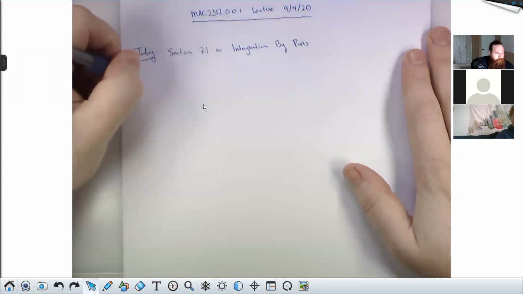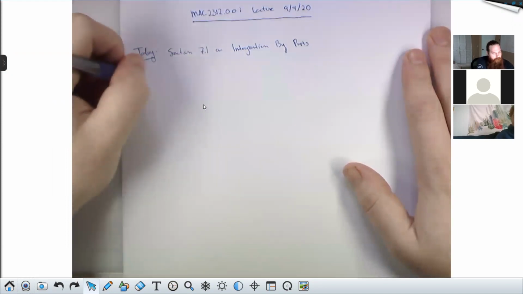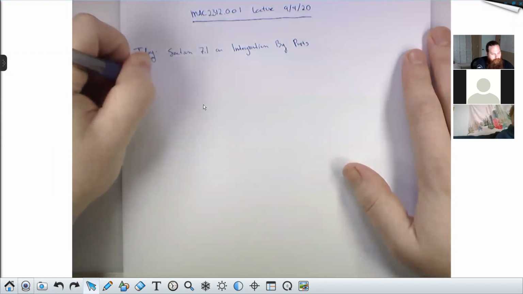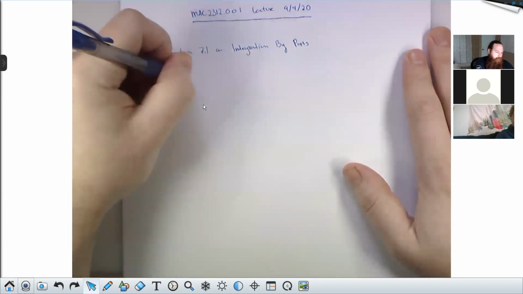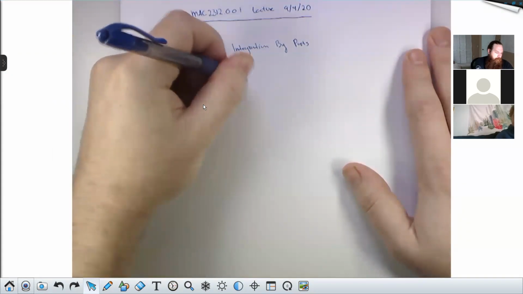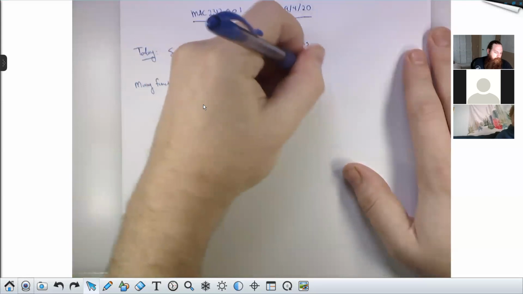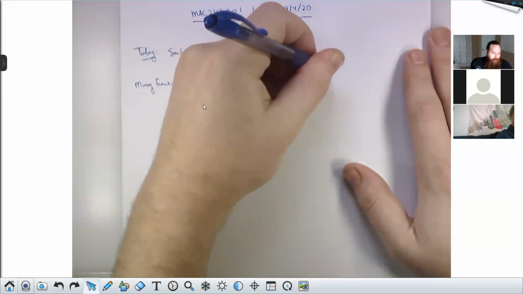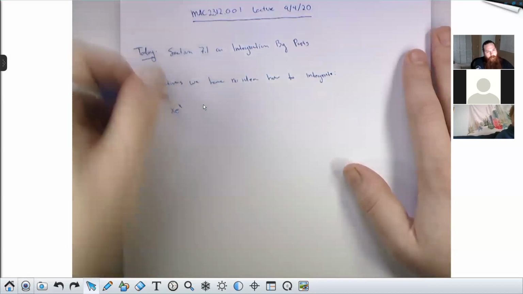So what is integration by parts? There's a bunch of integrals we don't know how to do yet. I know how to integrate e to the x.